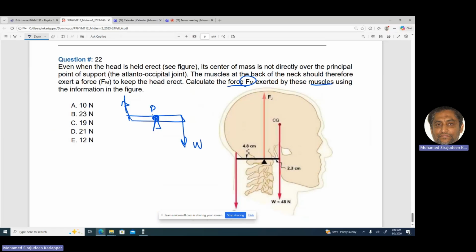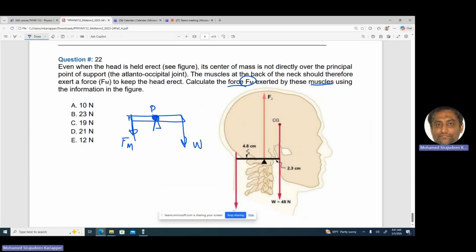The muscle force will be this way, not that way. This is the force from the muscle, and this is the weight trying to rotate this way.